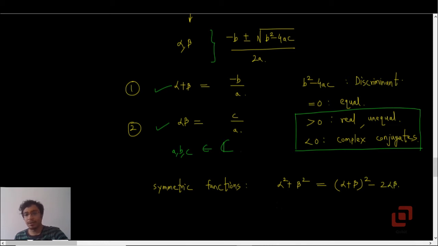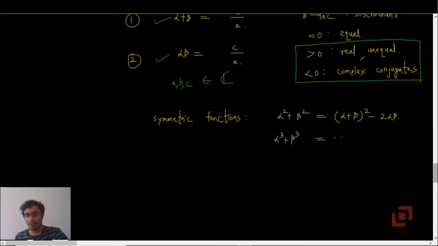Similarly you can write alpha cube plus beta cube, alpha squared plus beta squared upon alpha beta. So basically symmetric functions are those functions whose definition does not change if you interchange the positions of alpha and beta.